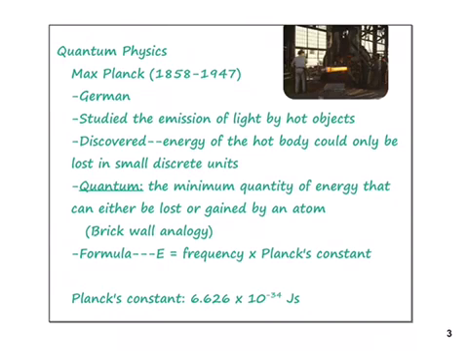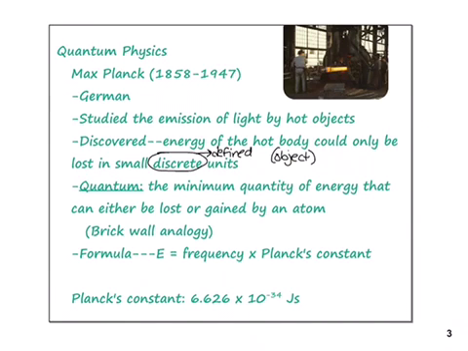And what he discovered was that the energy of a hot body, and here we're talking body meaning a hot object, could only be lost in small discrete amounts. By discrete, what we mean is defined amounts. It couldn't be lost in like 1.5 of something. It had to be 1, 2, 3, 4. There was no in between.